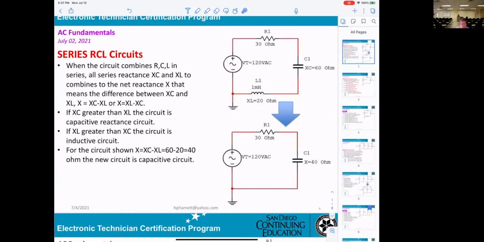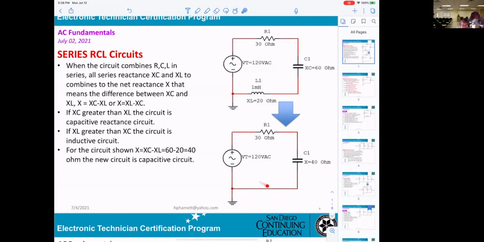Okay, and capacitive is higher than inductive, so the circuitry now will be a capacitive circuitry with a new value of reactance of 40 ohms, and this still will be 30 ohms.